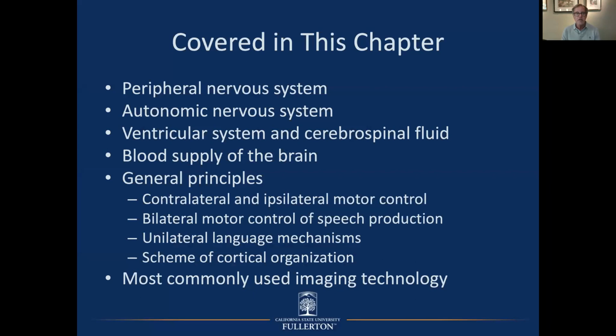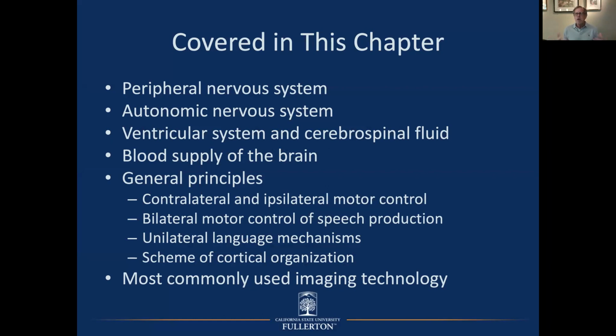What's going to be covered in this chapter is a kind of a mishmash as I look at it. It's different things that don't necessarily relate directly to each other, but ultimately you'll need all the information. The peripheral nervous system, the autonomic nervous system. Autonomic nervous system, by the way, we're not going to study it very much at all because it doesn't have much to do directly with speech and language.